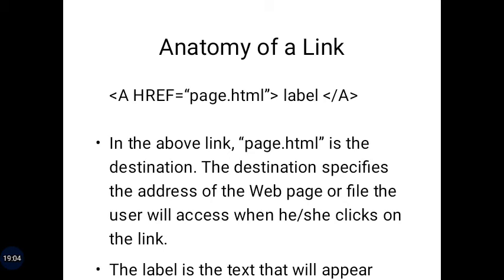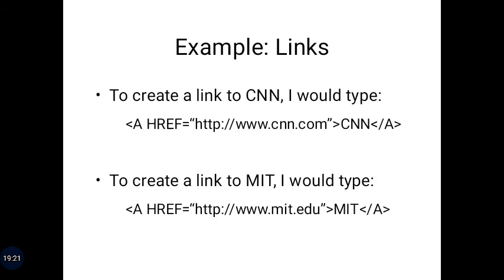So in the above link, page.html is the destination. When you click the label, the label is displayed as a hyperlink on a certain page, and when you click on that, it directs you to the .html file. So to create a link to CNN, I will type http, and so on.